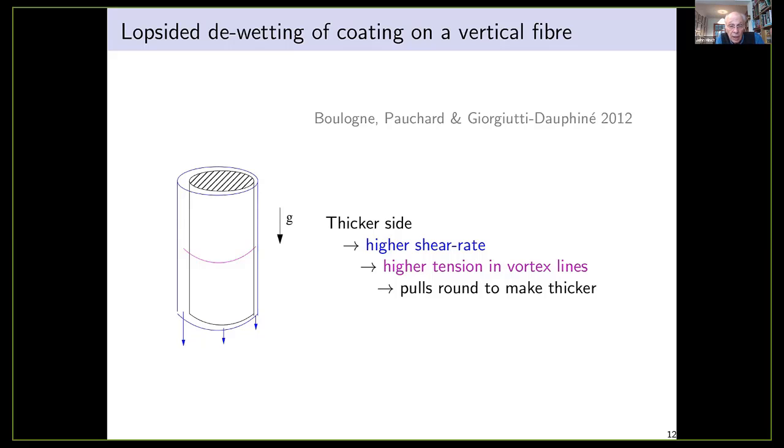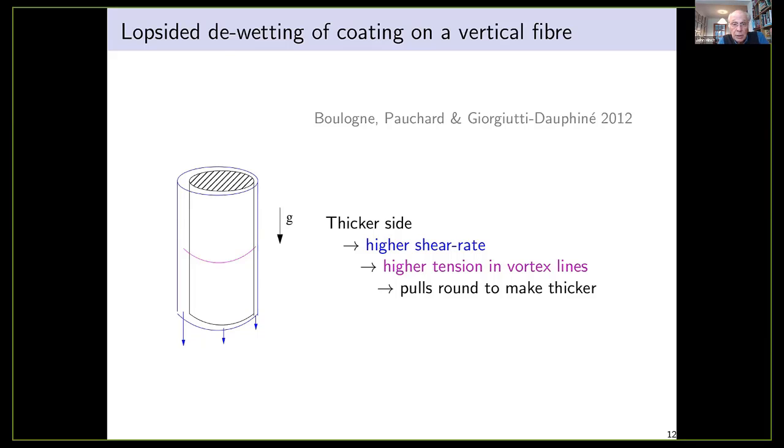Where we have a higher shear rate, we have a higher tension in the vortex lines. Vorticity in this case is circular lines around the fibre. So we have a higher tension on the left-hand side, and that will just pull the liquid from the right-hand side round to the left-hand side. And so it will wet.